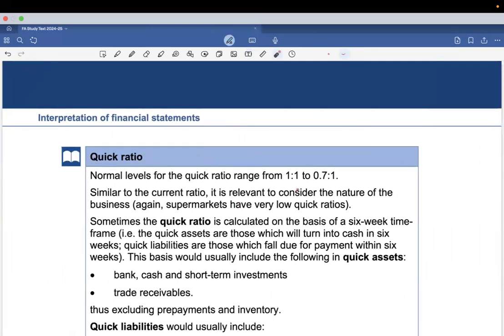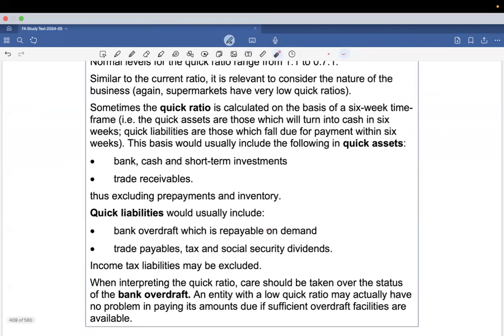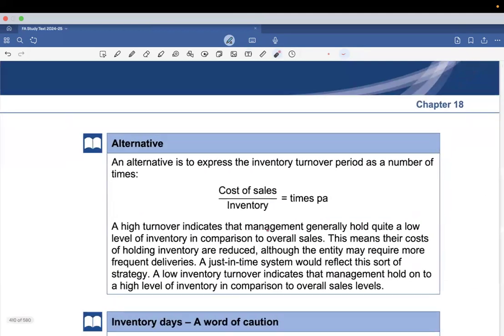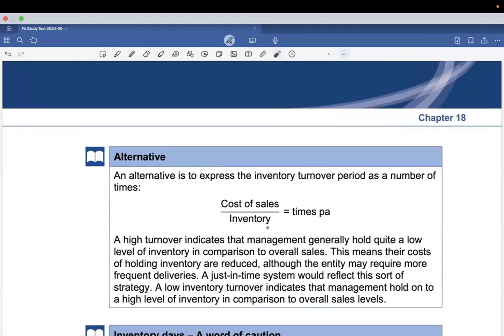Depending upon the type of business, the ideal ratio could be 1:1 or 0.7:1. If you are a supermarket, your quick ratio should be very high so that you can pay the balance to customers and to suppliers in cash. So depending upon the business, the normal or ideal range changes. Clear?